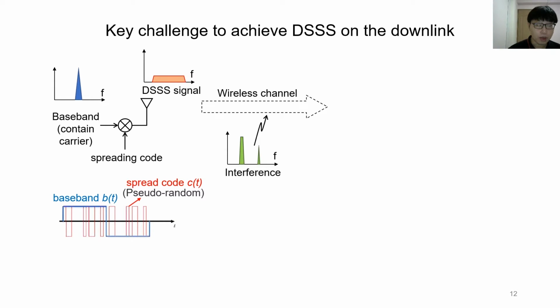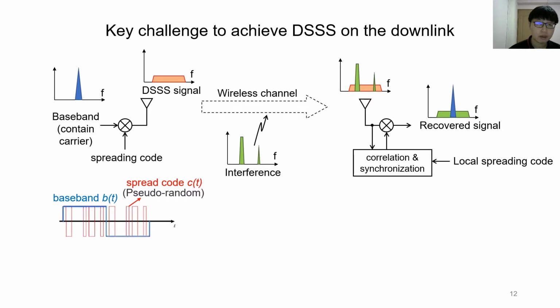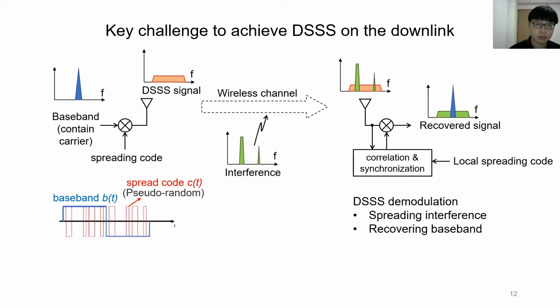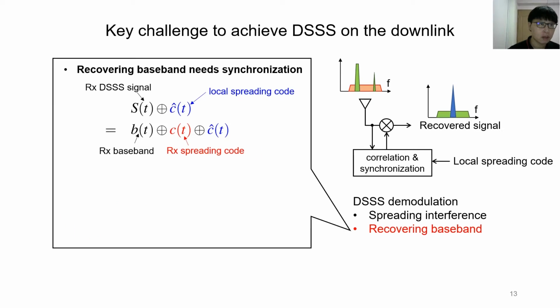In the wireless channel, we have interference. The receiver will receive both the digital signal and the interference. The digital demodulation will spread the interference and recover the baseband. To recover the baseband, the receiver needs synchronization between the received digital signal and the locally generated spreading code.